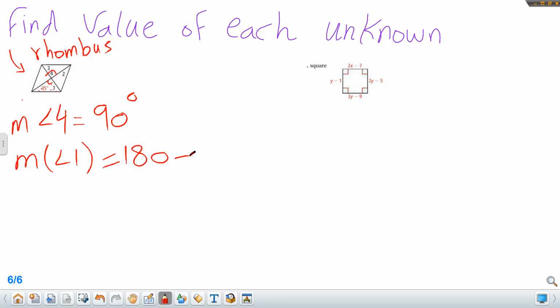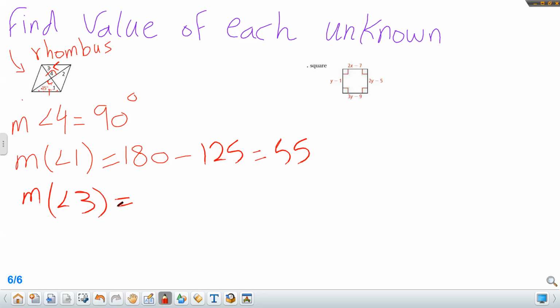Sorry, 90 plus 35 is 125, and subtracting gives 55. This is angle 1. These sides are parallel, so angle 3 equals angle 1 by alternate angles. So angle 3 equals angle 1 equals 55.